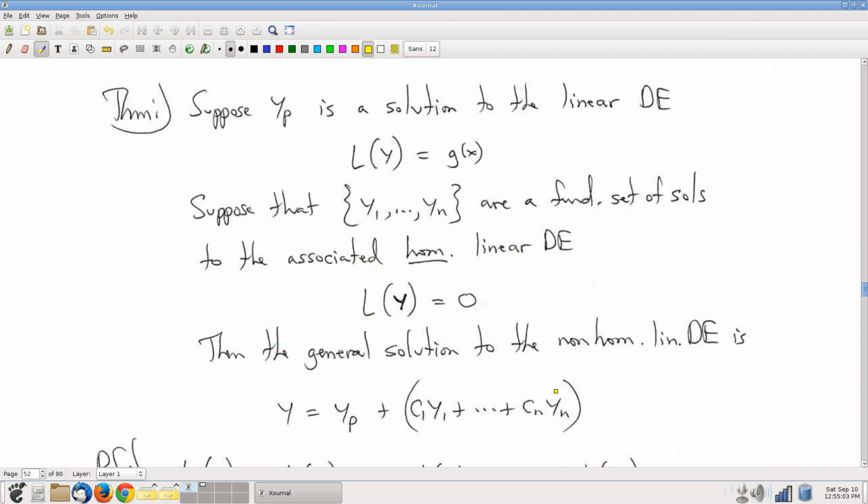Okay, so you see the similarity, I'm sure, between this theorem and a theorem that we saw concerning matrix equations, and that is the complete collection of all solutions is: pick any particular solution and add to it the complete collection of homogeneous solutions. Okay, so let's see a proof of this result.